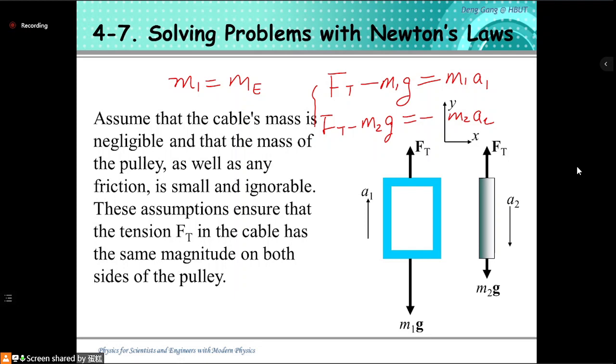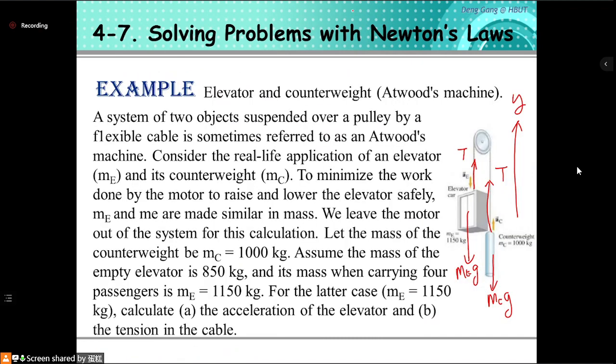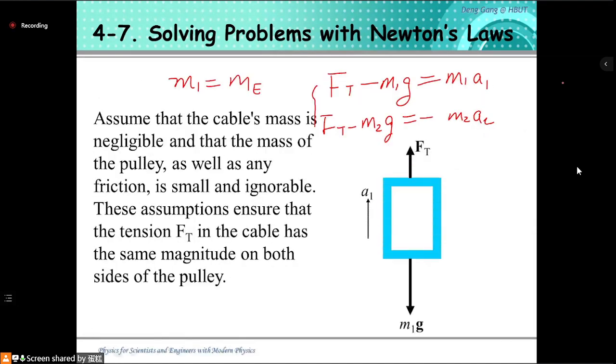There's something important here: the length of the cable cannot be changed. It's a fixed length, right? The length of the cable should be fixed.